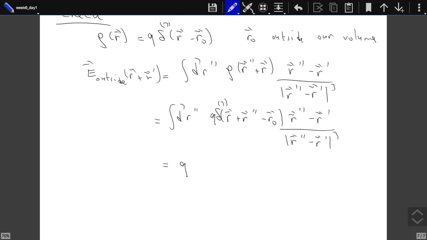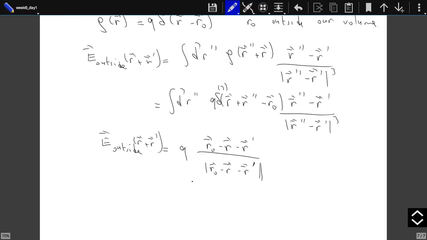So it is equal to q times r0 minus r minus r prime, no, r prime, divided by... this is equal to minus q times r plus r prime minus r0 divided by the cube of r plus r prime minus r0.